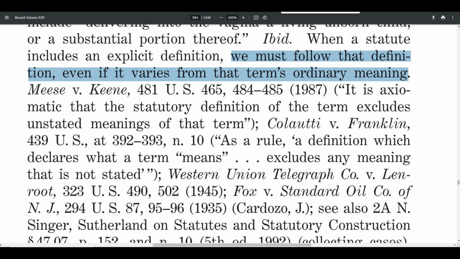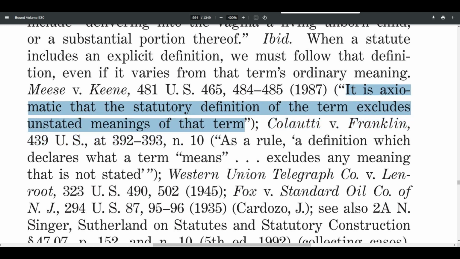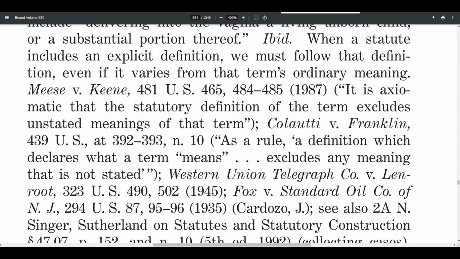The ordinary meaning of 50 states is out the window. We follow that. And they continue by saying that it is axiomatic, self-evident, or obvious that the statutory definition of a term excludes unstated meanings of that term. That's right. So the term 50 states is not listed, is unstated, so it's not there.